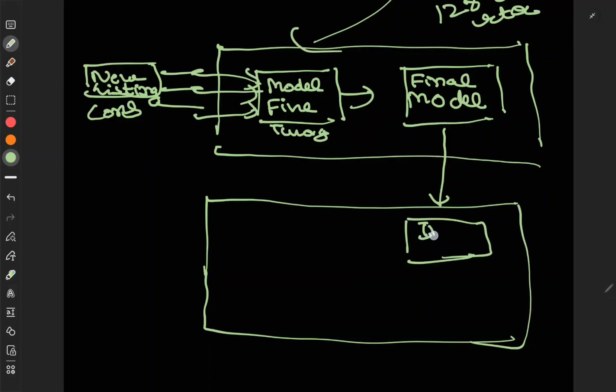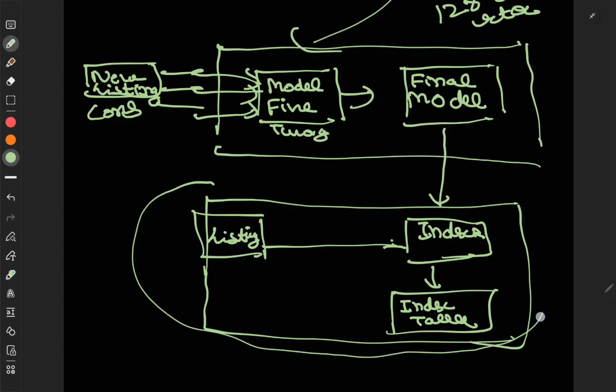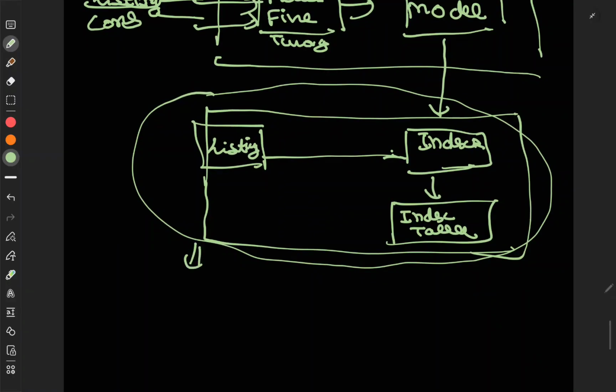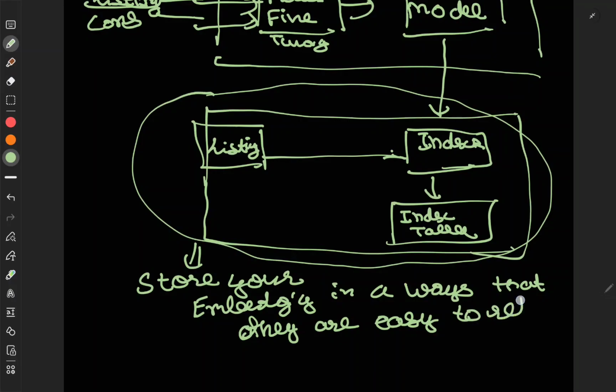Here comes the indexer. Here comes your index table. Here comes your listings. Okay, the work of this particular thing is to store your embeddings in a way that they are easy to retrieve and fast to retrieve.